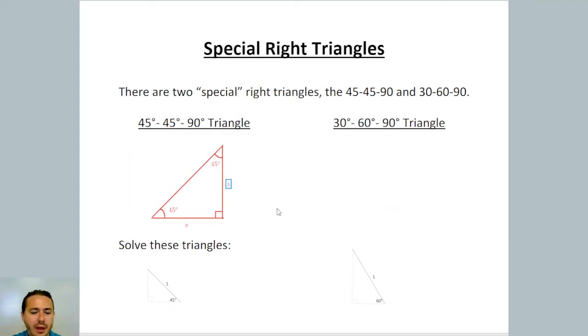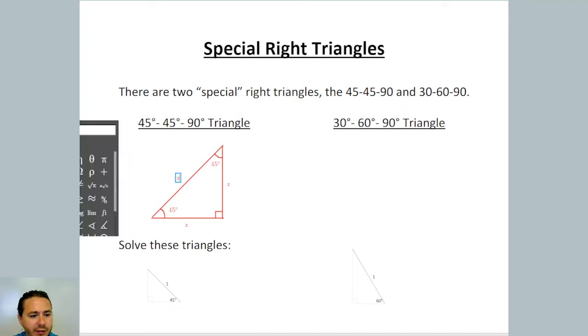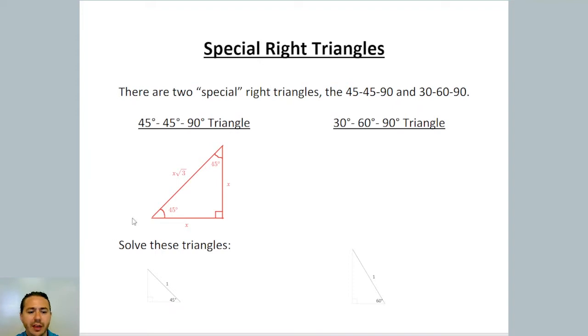Now, if this is x and this is x, we can use the Pythagorean theorem to show that this side is x times the square root of 3. So let's see if I can put that square root. There we go, x root 3. So this ratio of sides is going to be the same no matter how big the triangle is. This works if your angle measures are 45 and 45.